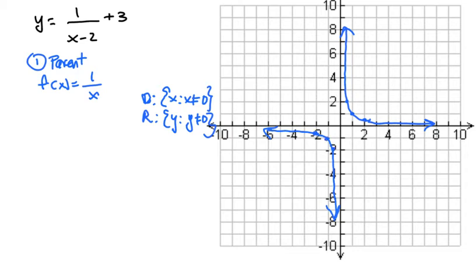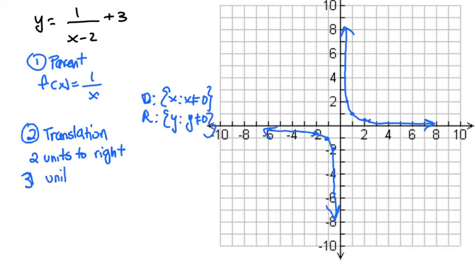Okay, now this one doesn't have any stretch or compression. We're actually going to just do the translation. It's only a two-step graphing. So the translation here is 2 units to the right and 3 units up.